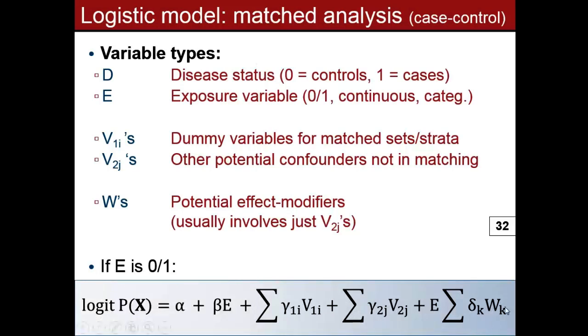It looks a lot like the last version of the logistic regression model, except now instead of a single sum of gamma times v's for all the v's that you have, we're going to have 2 groups of V's, the ones that pertain to matching and the ones that pertain not to matching, the other factors to control for. So this is just a slight modification of our model that distinguishes between these 2 types of control factors.